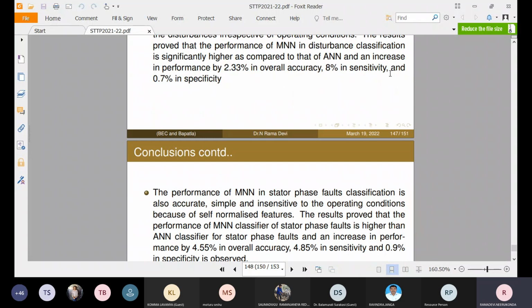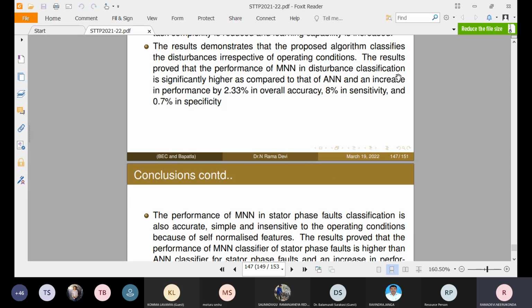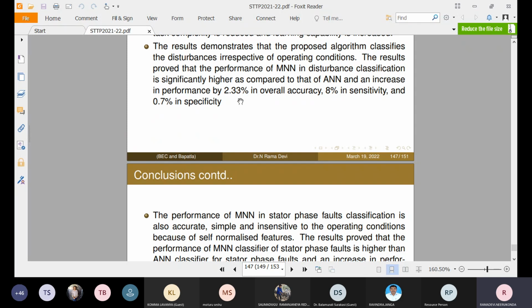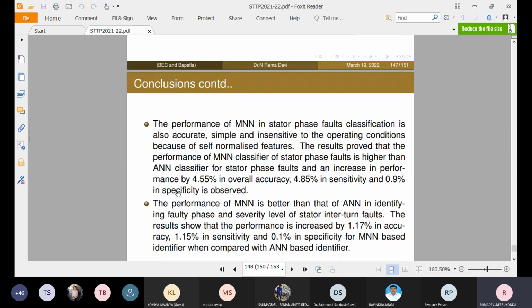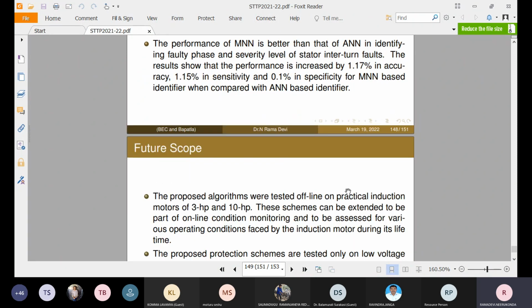And the performance improvement of the modular neural network for different classifiers is 2.33% for the classifier 1 and 8%. So this ANN classifier is improved by 2.33 for the disturbance classifier, 4.55 for classifier 2, and 1.17 for classifier 3.